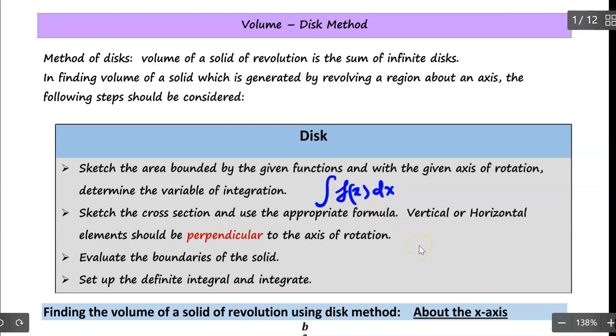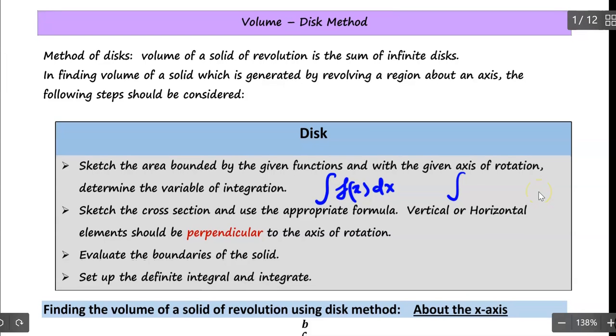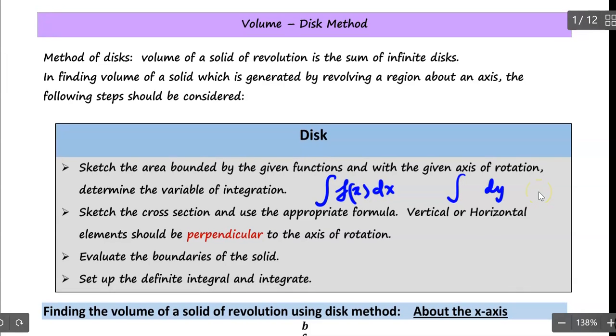So if I have the axis of rotation as the y-axis, then I have to have the differential factor as dy. With the dy, it means that I must have the function in terms of y, which I can write as f(y) as the integrand, and my differential factor is dy.